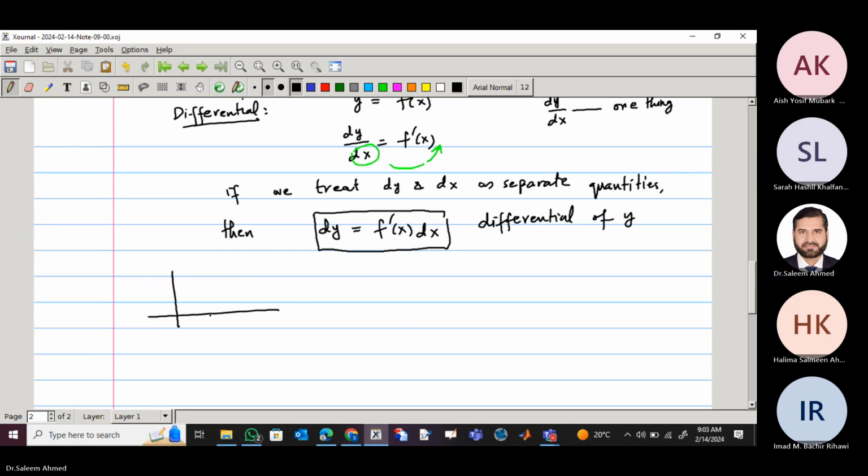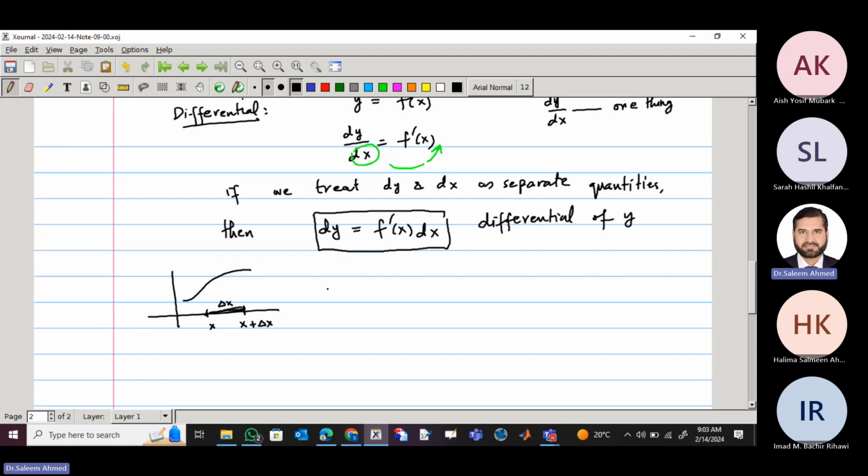If x is your independent variable and you add something in it and come to this point, let's say if this is x and you added some small number in it, x plus delta x, you came here. So this distance is delta x, right?